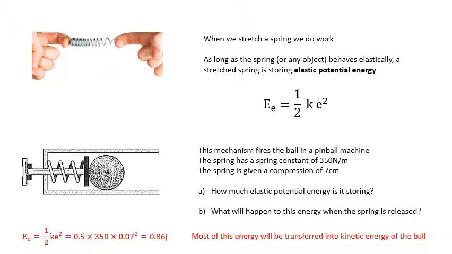There you go. So the elastic potential energy is 1/2 ke squared. So 0.5 times 350 times 0.07 squared. And if you work that out properly, you should get 0.86 joules. When you let go, and this is the whole point of the mechanism, most of this energy will be given to the ball in the form of kinetic energy.